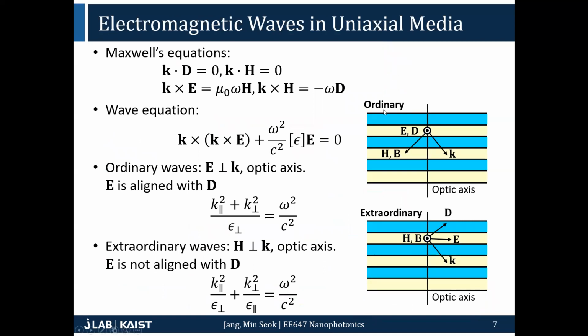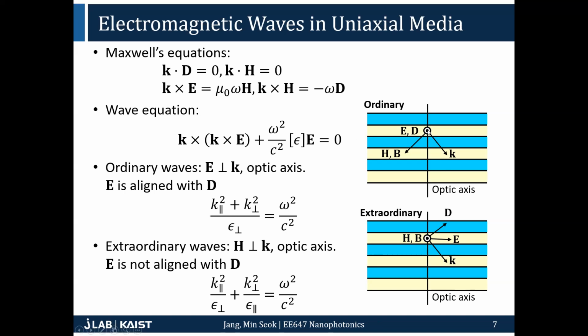For instance, thinking about the wave equation, what you call ordinary waves is that the electric field is perpendicular to K and also perpendicular to the optic axis, this axis. Then the electric field is aligned with the D field, okay?